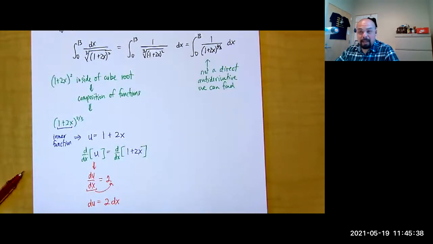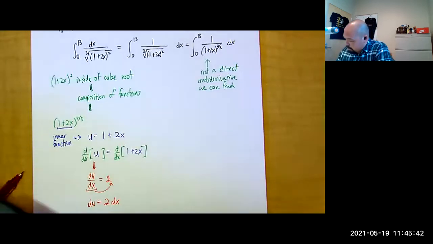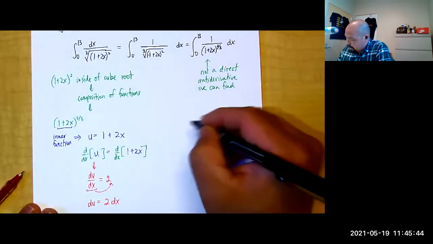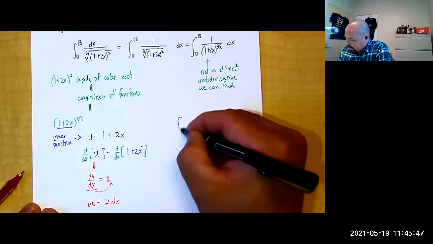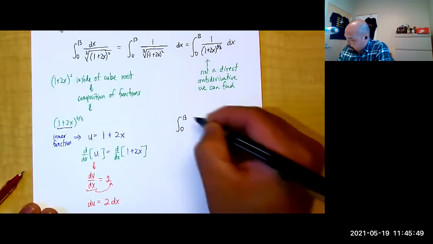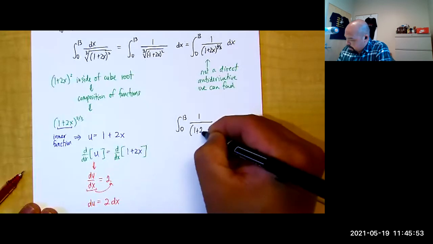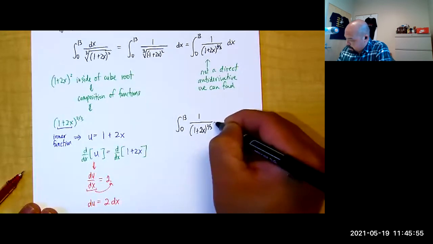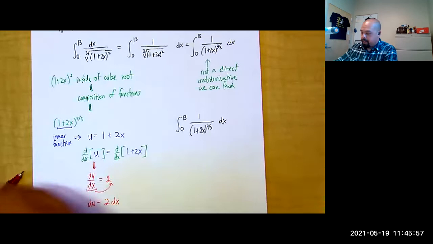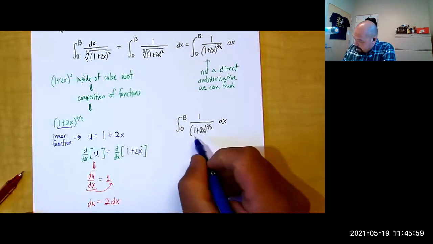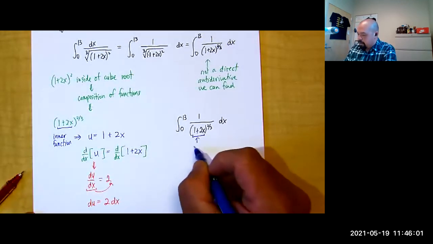Right? I'm going to do one more step here, but looking at that original integral, right? Here, that's our u.